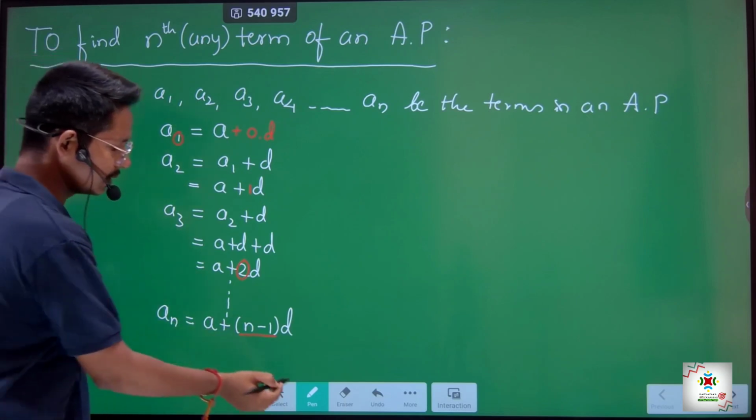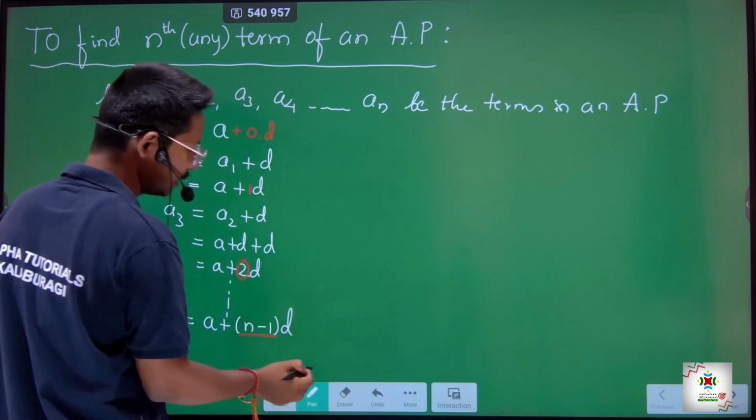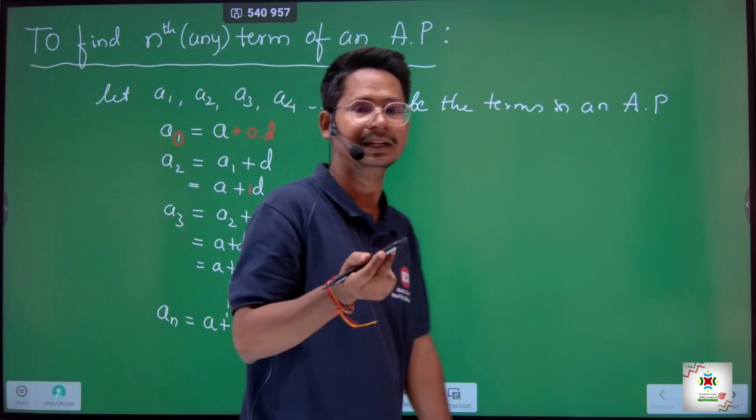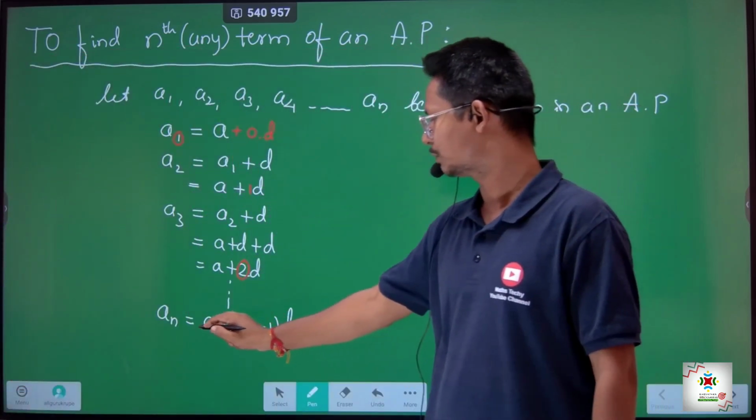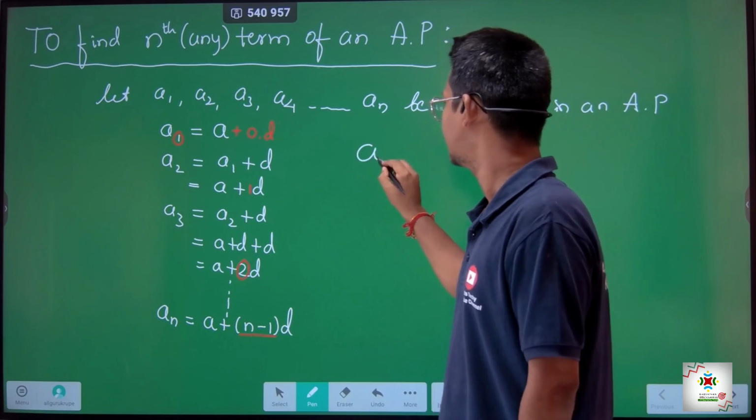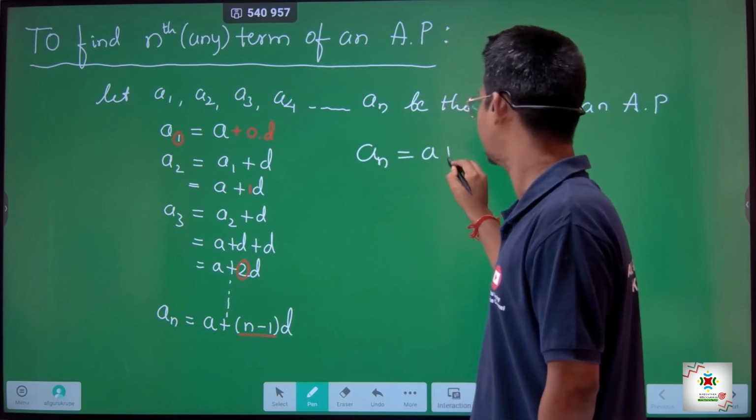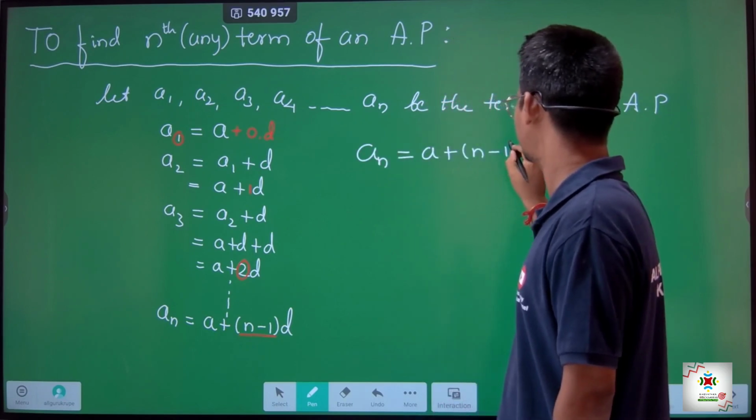Next, if they ask you to find the nth term in an AP, you can make use of this formula, which is called an equal to a plus n minus 1 into d.